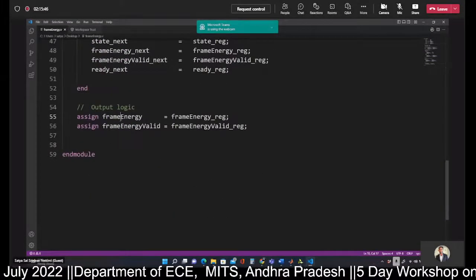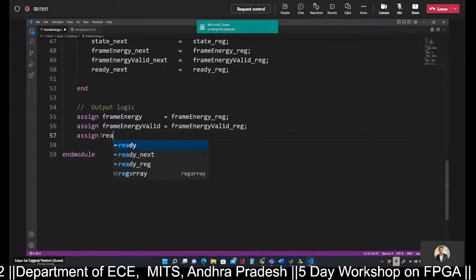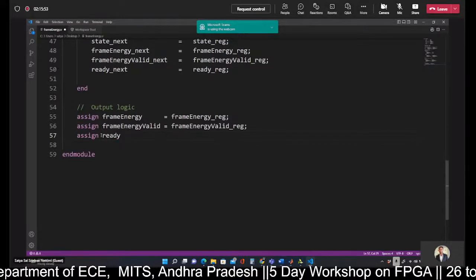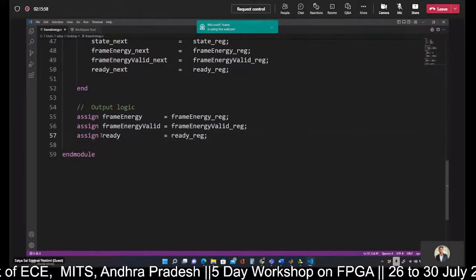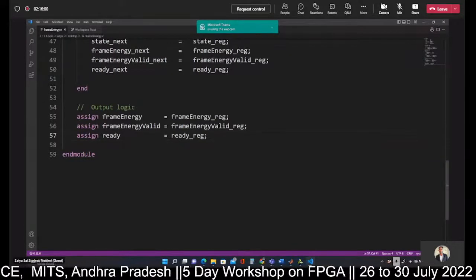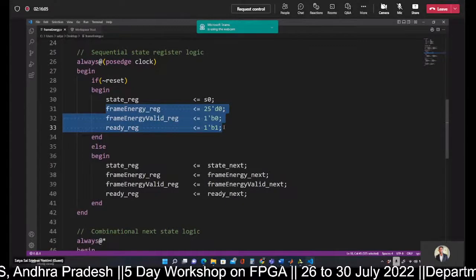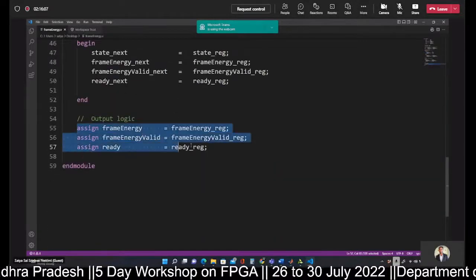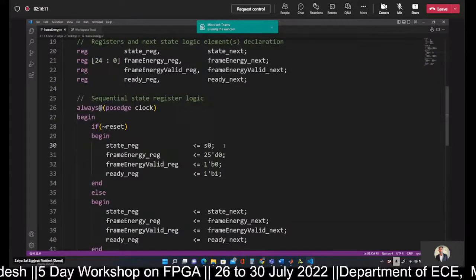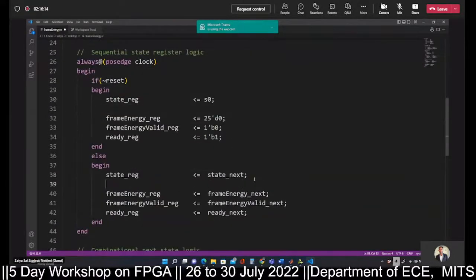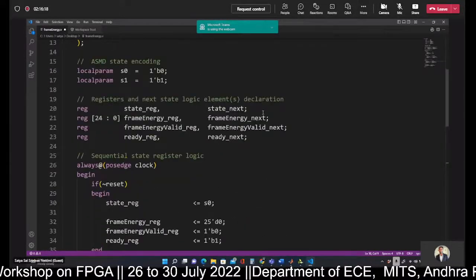So we have driven frame energy, frame valid. So ready, we drive it as assign ready equals ready_reg. So for all the outputs, we defined 3 output registers. Via 3 output registers, we have driven it to the output wires. To work internally, we require one state register. That's why we have declared a state register.